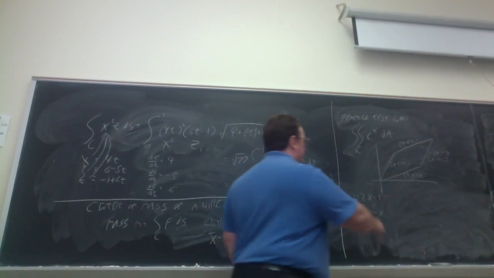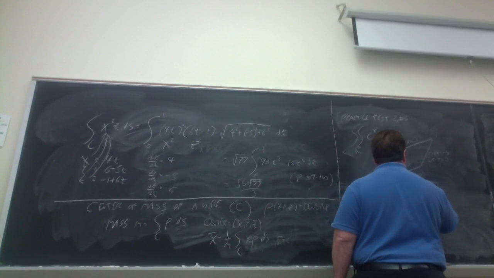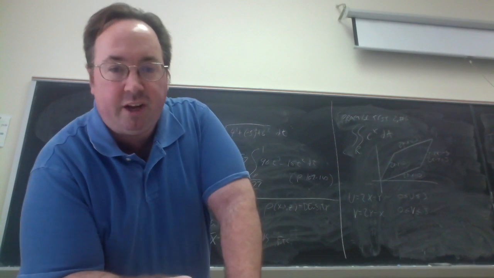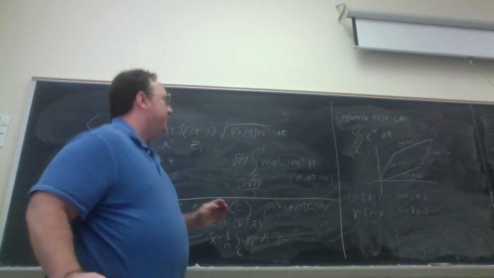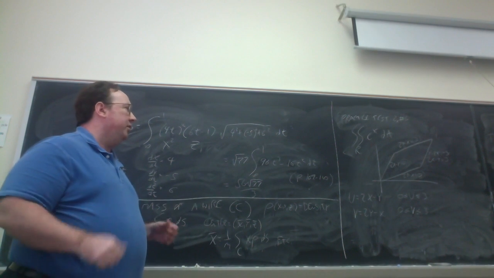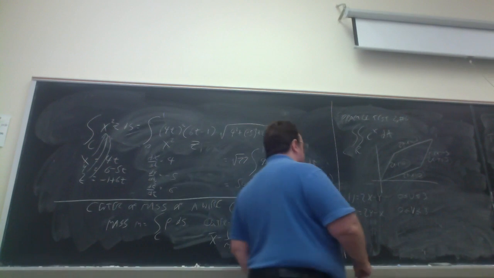So your limits for both actually would be 0 to 3. So it gives you a natural way to change this region. It's a parallelogram in x and y, but it's simply going to be a rectangle in u and v.